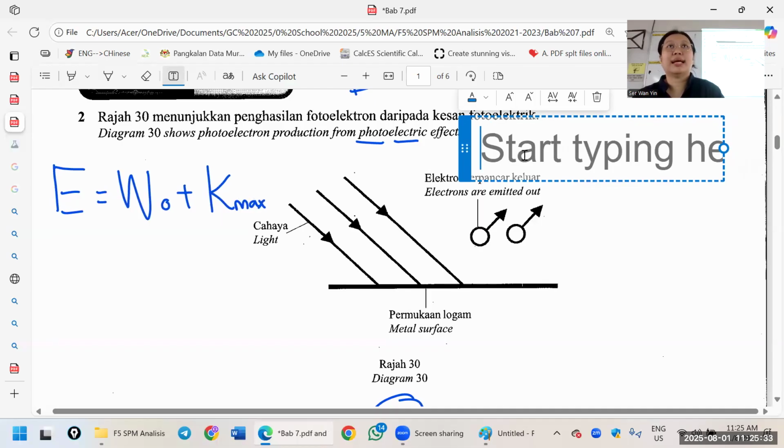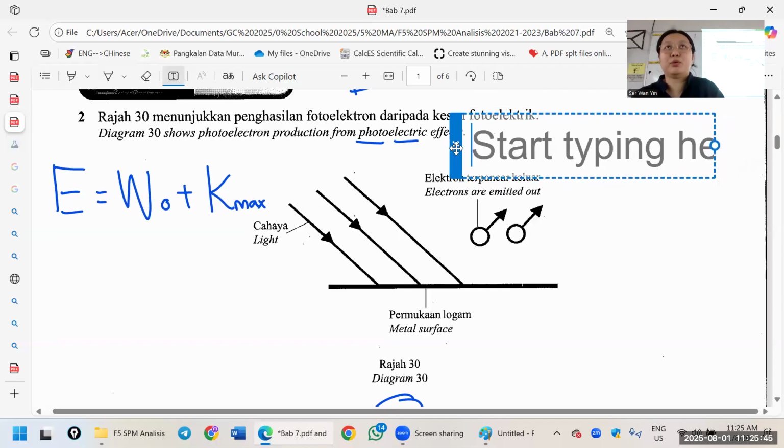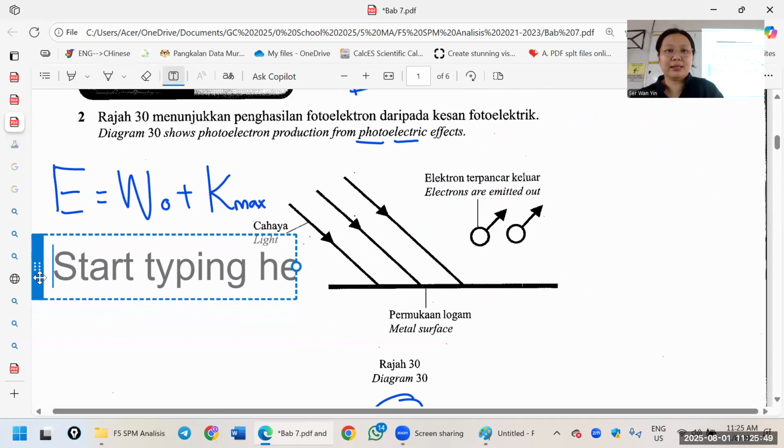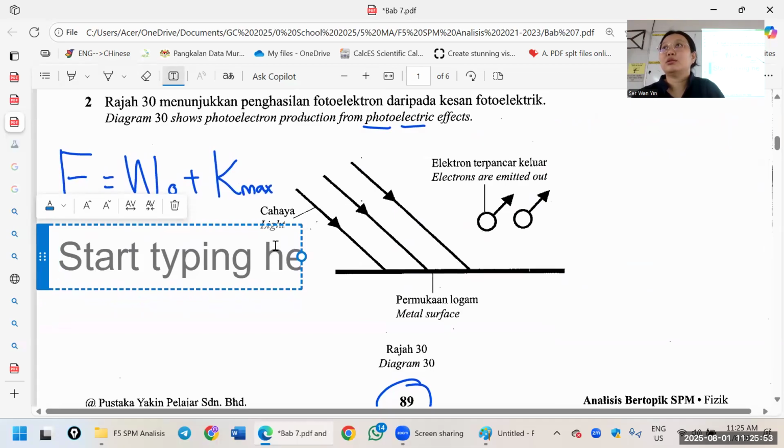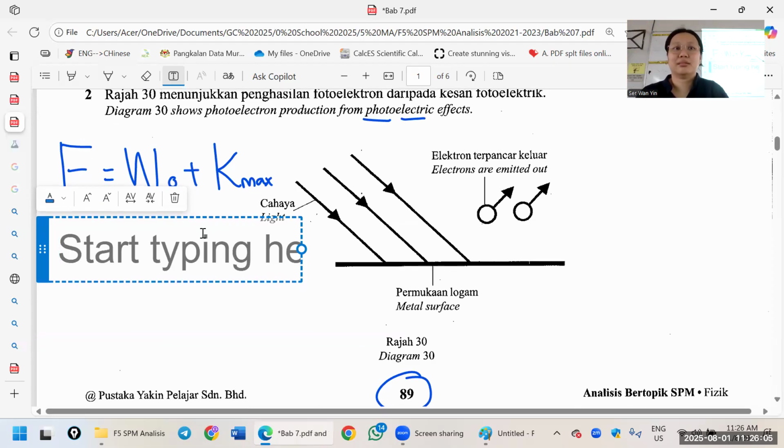Sit down. It's the emission of electrons. You can reverse the sentence, never mind, as long as you mention the two. Emission of electrons from metal surface when a beam of light with certain frequency is illuminated on it.